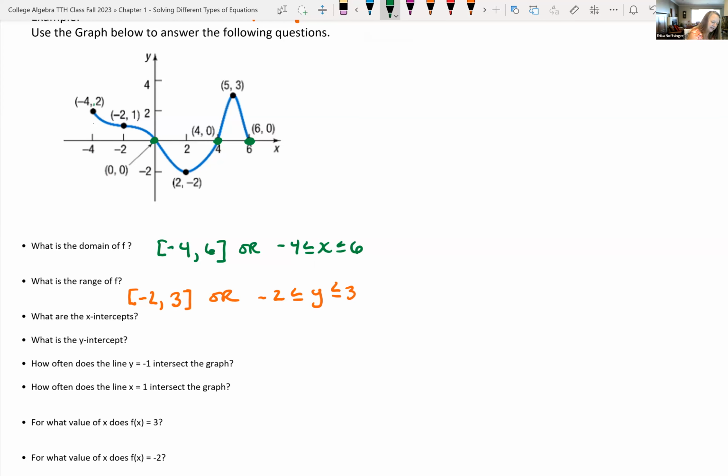And so my x-intercepts are going to be (0, 0), (4, 0), and (6, 0). The y-intercept, we only have one. It's crossing the y-axis at the point (0, 0).